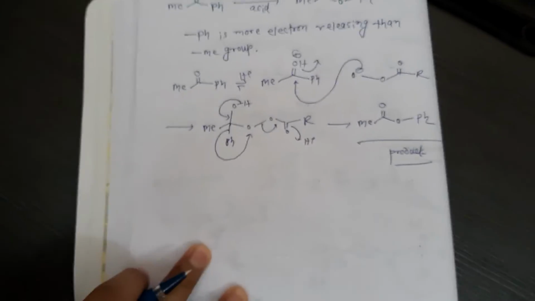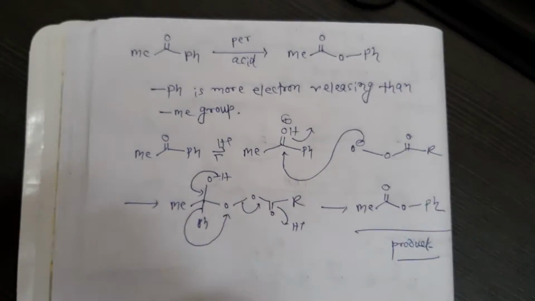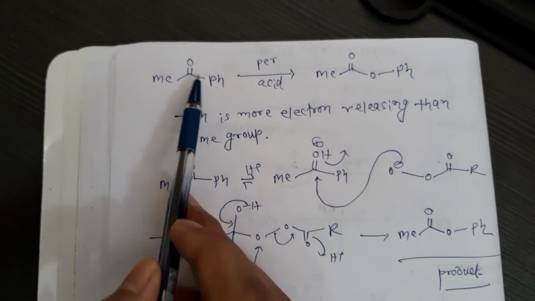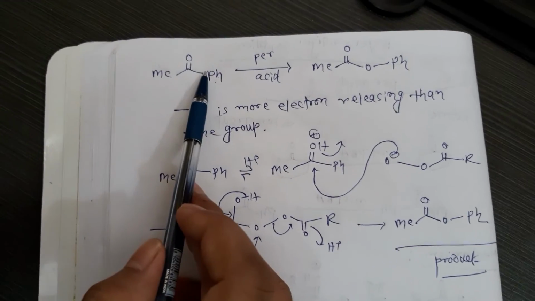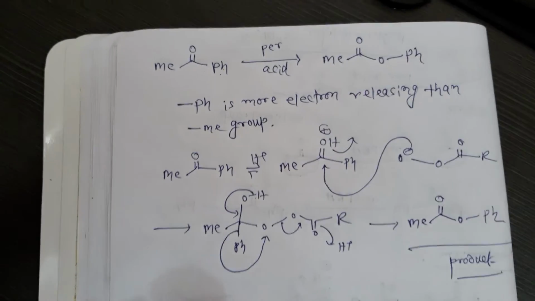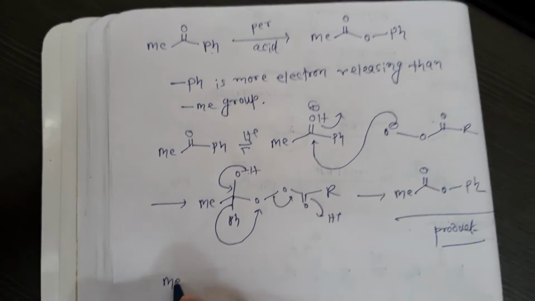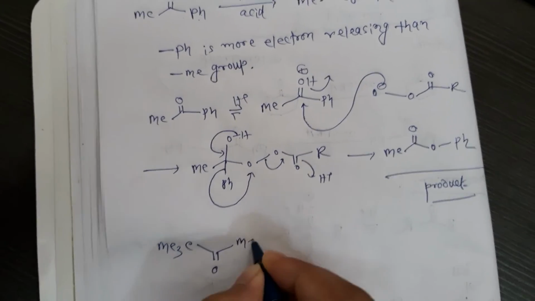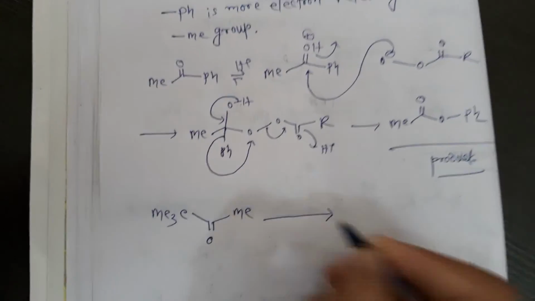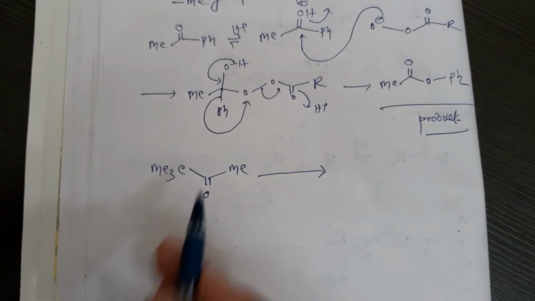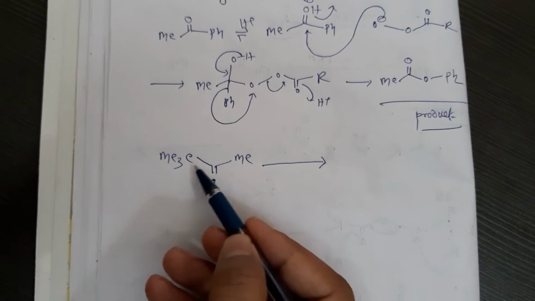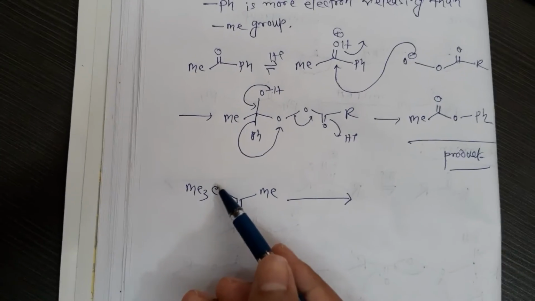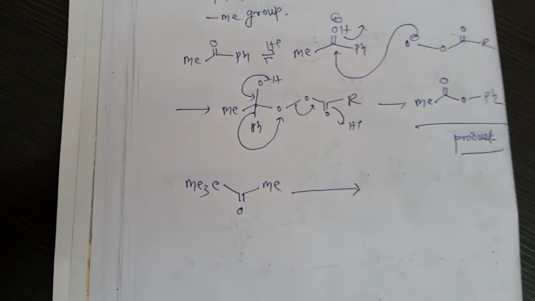So if we draw a conclusion, the group which is more electron releasing, oxidation occurs to that side. If we consider this is Me3C, tertiary butyl group, and then methyl group, tell me at what side oxidation occurs? Obviously that side, because this is the more electron releasing group, and that group will migrate to the O position.